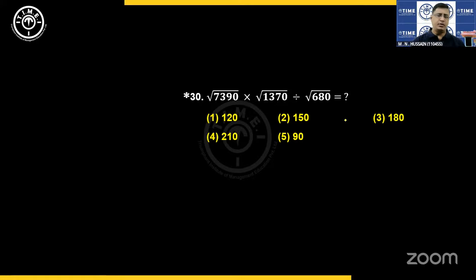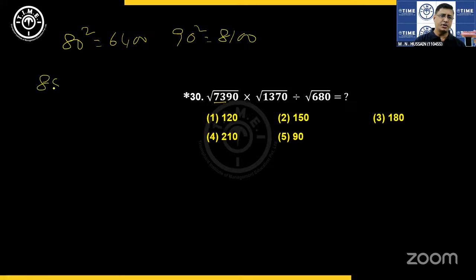7389. Here, what is the square root of this? My dear students, if you observe this carefully, 80 square, 6400, 90 square, 8100. Now the value lies in between 80 square and 90 square. Now let me check 85 square. What is the 85 square?